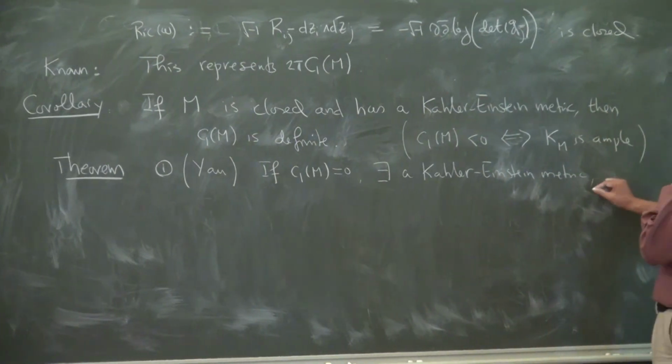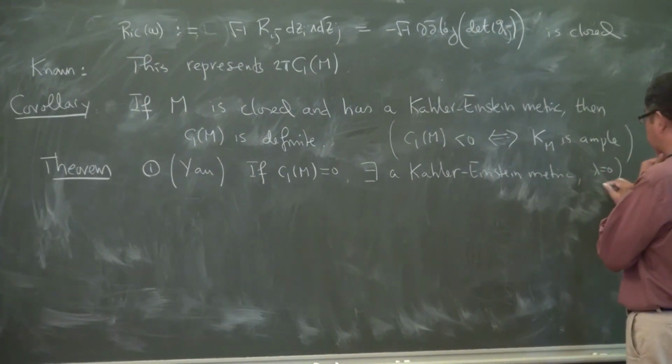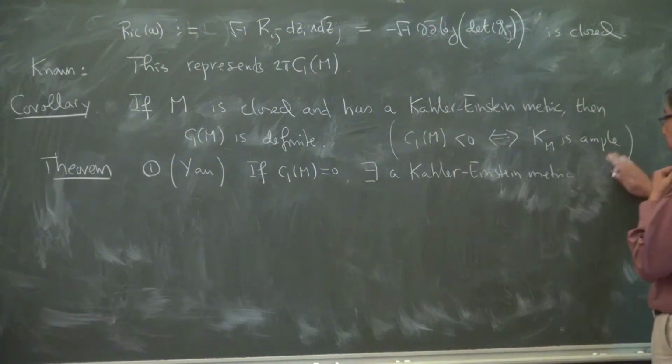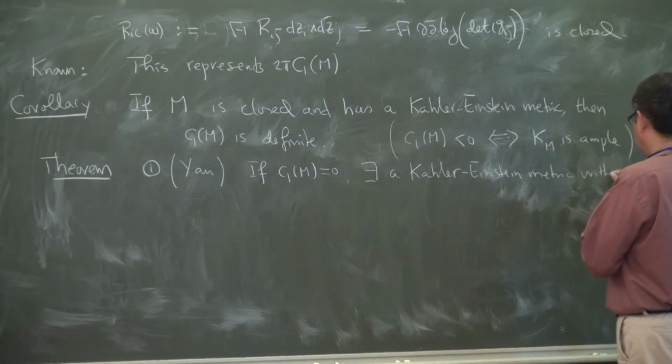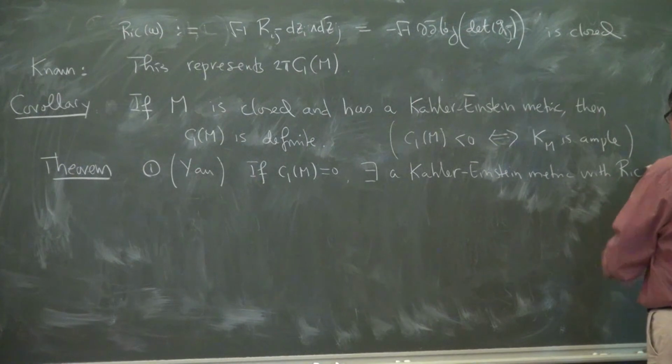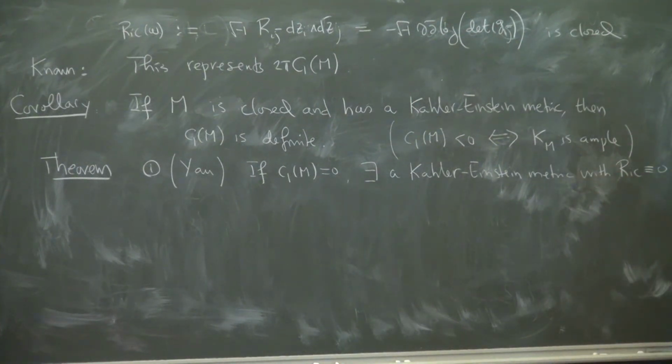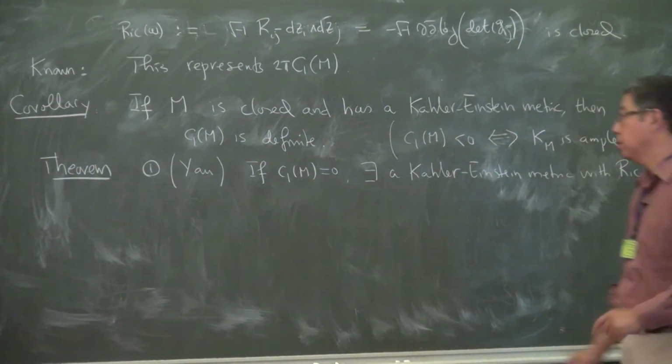This time lambda is 0, so it's Ricci flat. There is a Kähler metric with Ricci curvature equal to 0. Now they call it the Calabi-Yau metric.